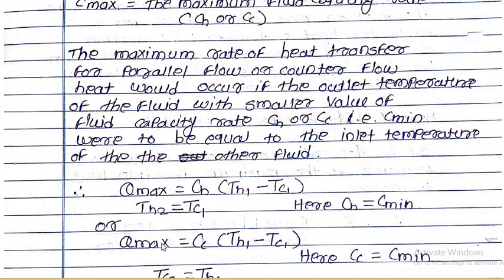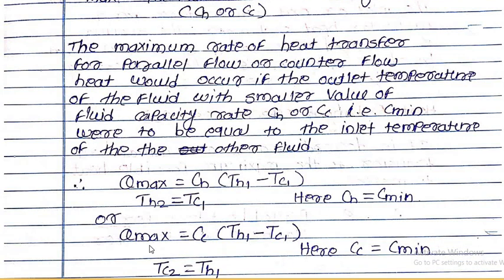Now another consideration: if the heat capacity rate of the cold fluid is less than that of the hot fluid, then Cc is equal to C minimum. In that case the maximum heat transfer will be considered for the cold fluid, so the outlet temperature of the cold fluid should be equal to the inlet temperature of the hot fluid, that is Tc2 equal to Th1.